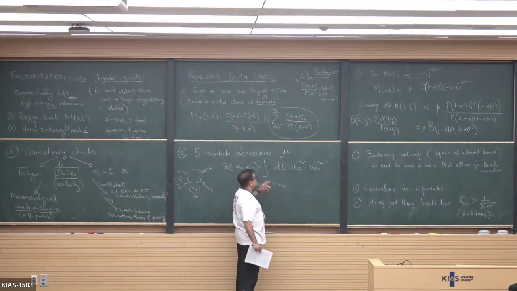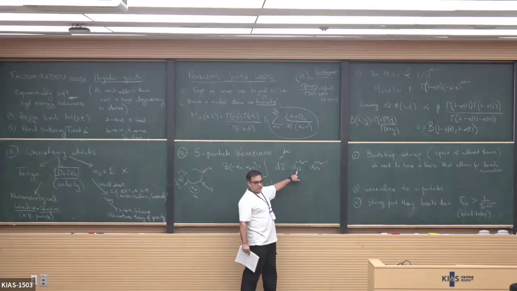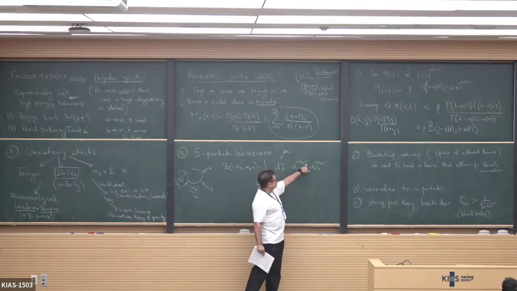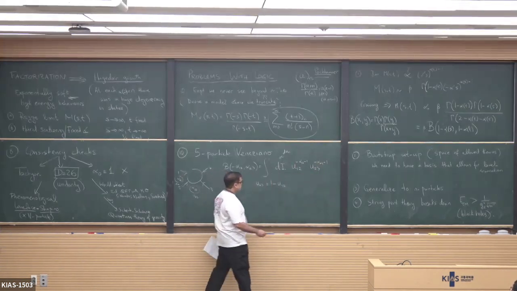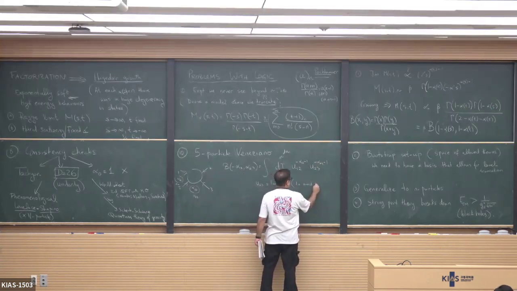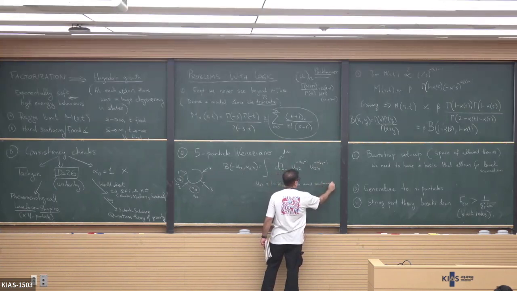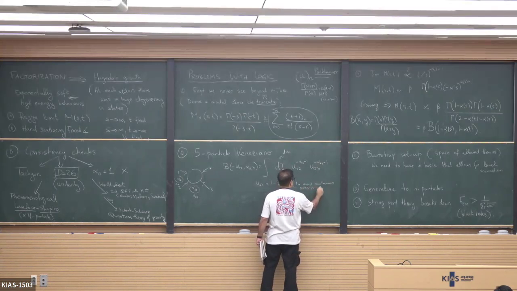So imagine that U23 went to 0 when U12 went to 0 as well. So that would mean that it'll have poles in both these variables, alpha 1, 2 and alpha 2, 3. Okay. So to avoid simultaneous poles in alpha 1, 2 and alpha 2, 3.